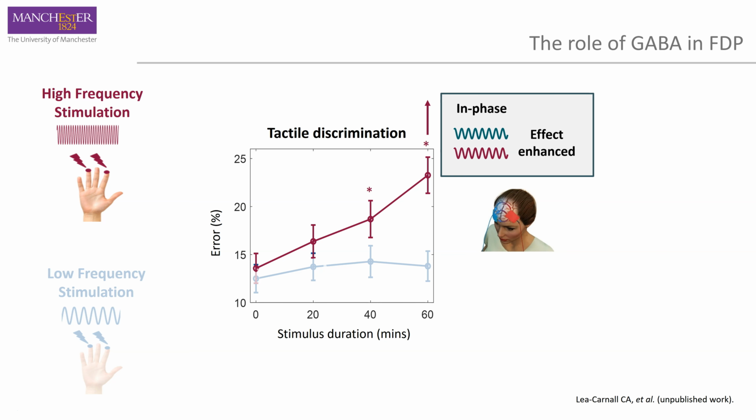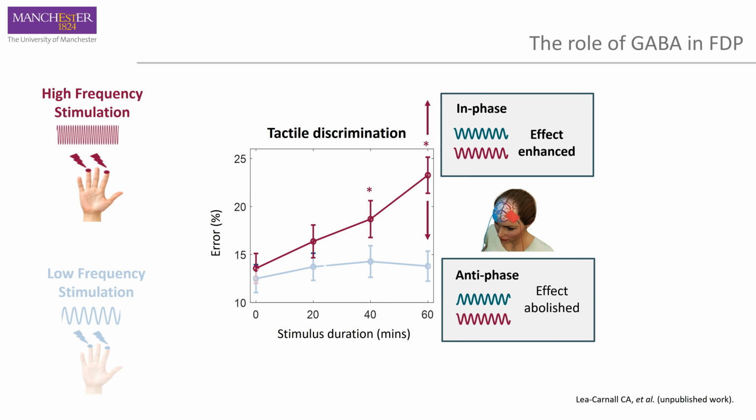And we found that if we applied the tACS to the scalp in synchrony or in phase with the stimulus at the fingertips, we enhanced the effect on behaviour. Alternatively, if we applied it out of phase or out of synchrony, anti-phase, we abolished the effect, indicating the potential for electrical stimulation to further modulate plasticity.